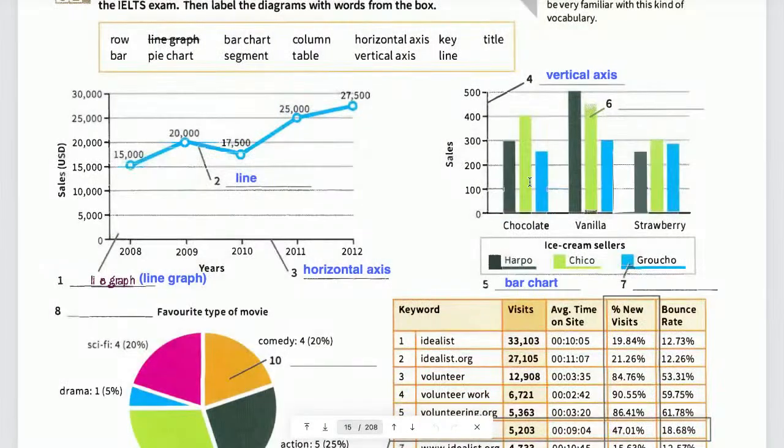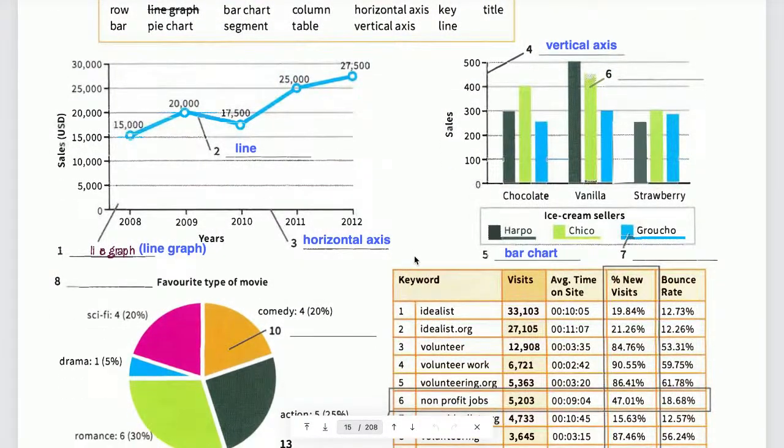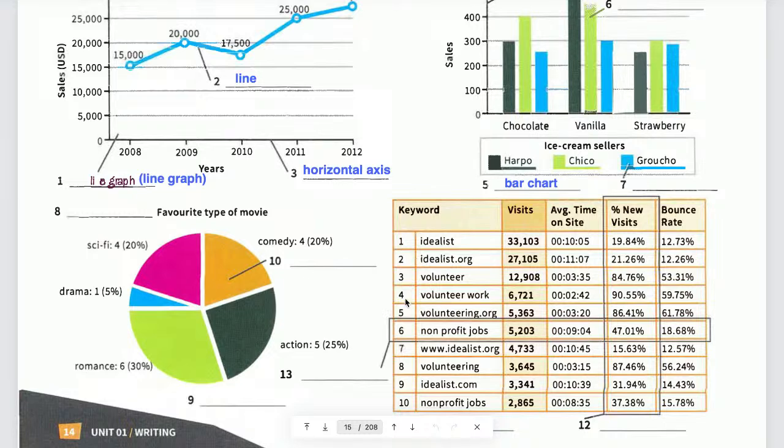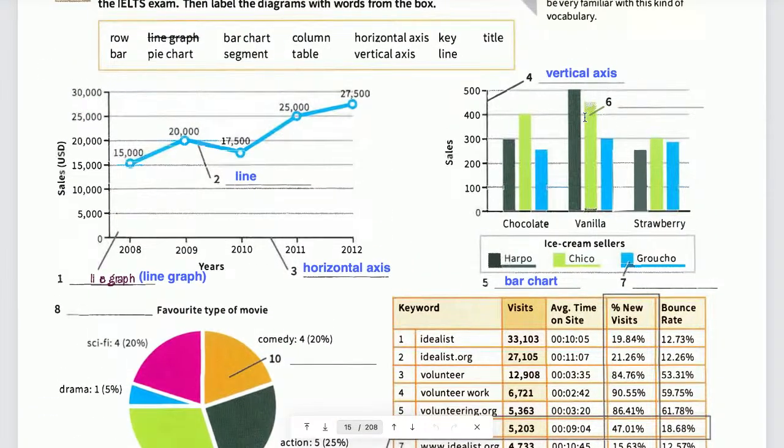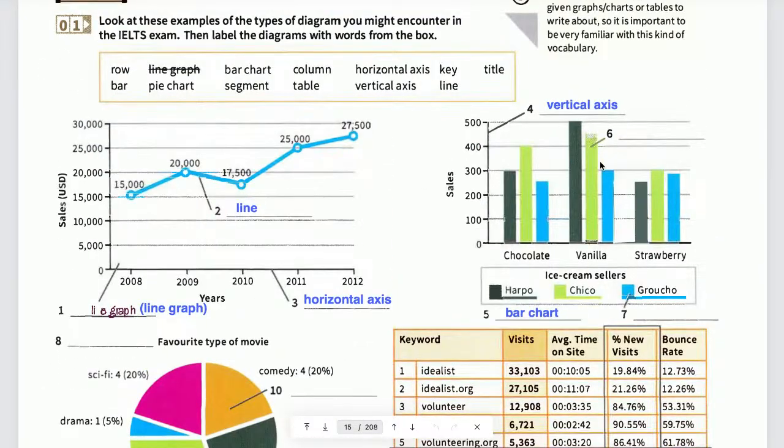And how about number six? Where's number six? Oh, down there in the table, right? Oh, yeah, okay. Not down there. Still on the bar chart, we see number six right there pointing to the green column, right?